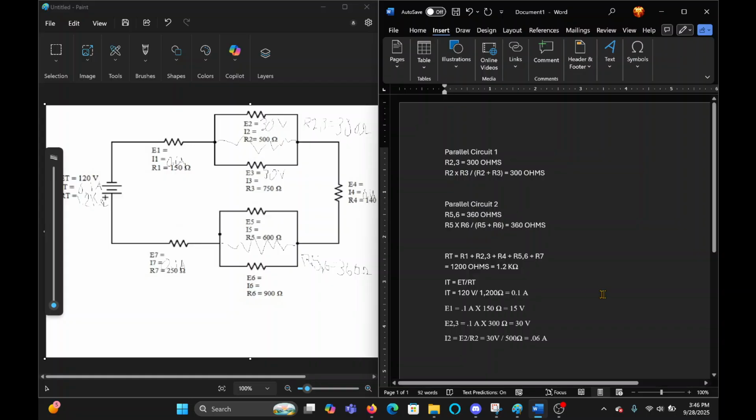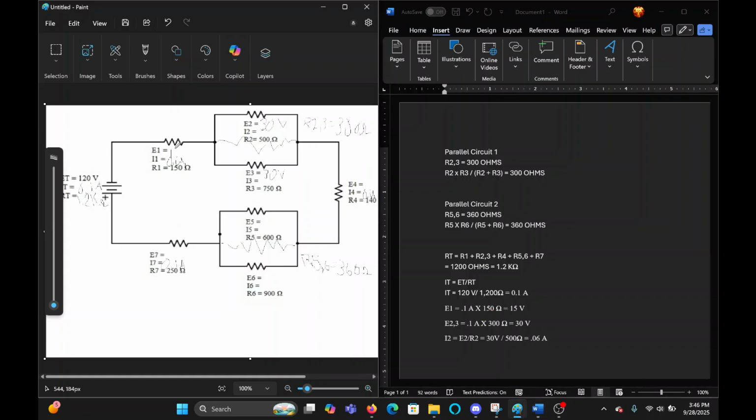Next thing we're going to solve for. Here, I'm just going to fill in what I've solved already. So this is 15 volts. I2 is 0.06 amps. I3, let's go to I3.